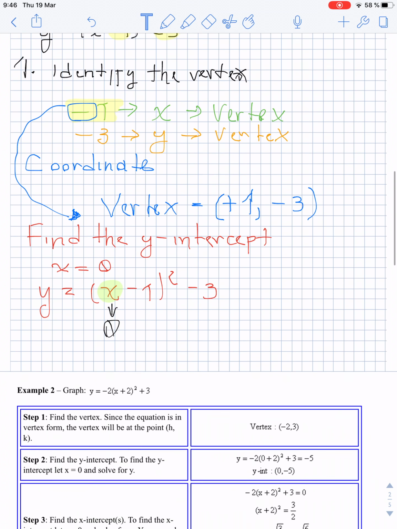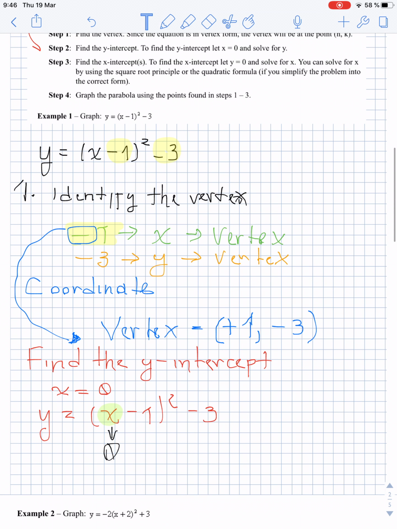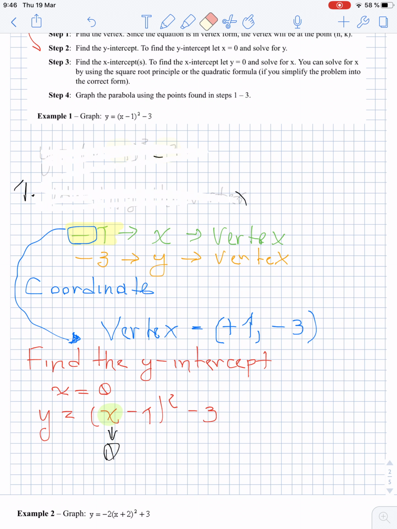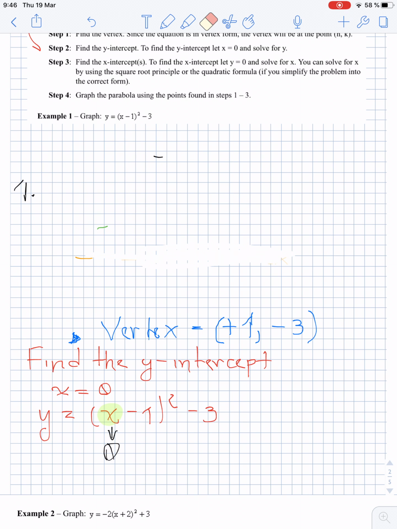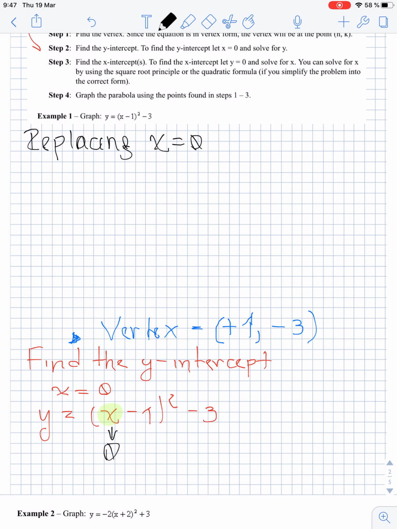That means, by replacing the value, letting x equal 0, we have y equals (0 minus 1) to the power of 2 minus 3.